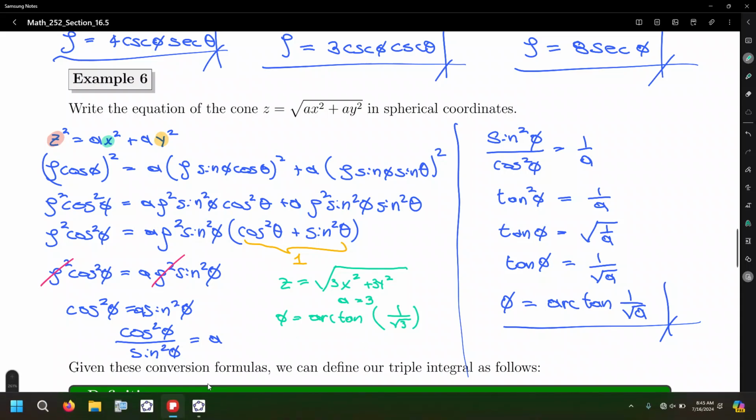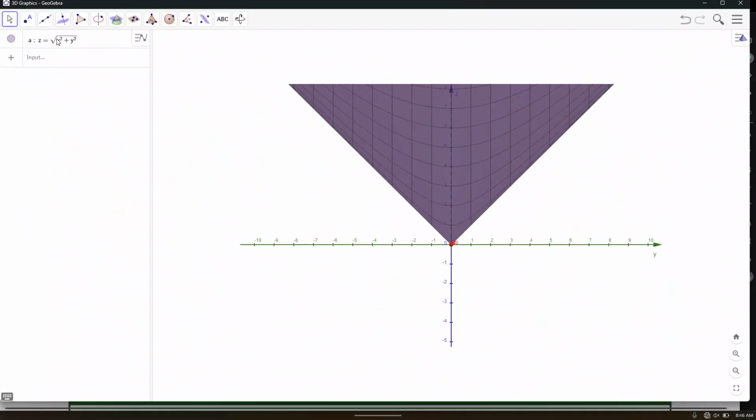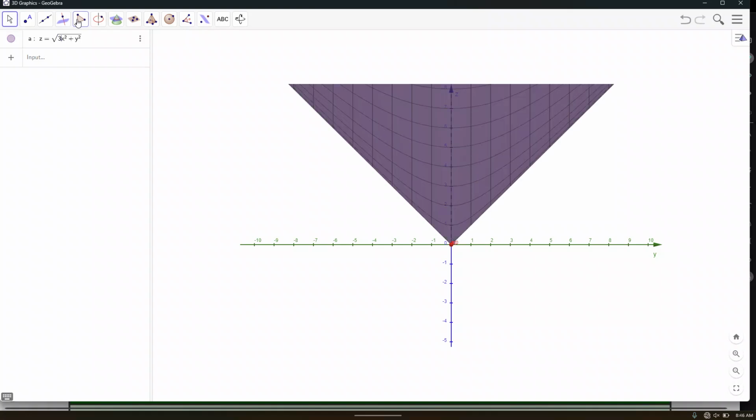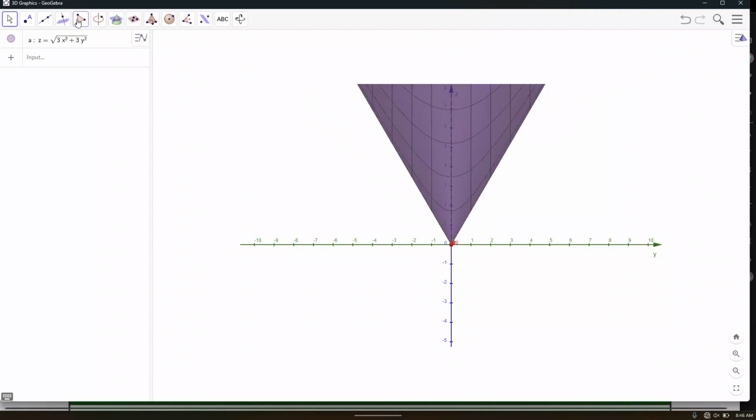Okay, let me go back to GeoGebra and see how this changes. Let me put a 3 in here. That's a 3, and that's another 3. How does that look?